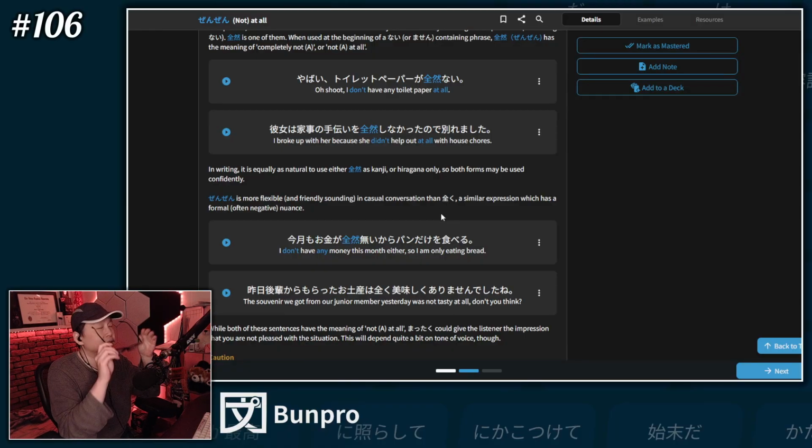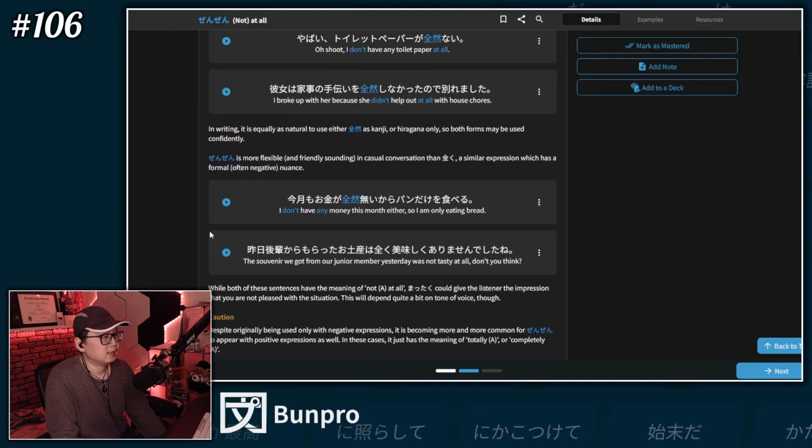Which are mataku. Mataku, yeah, it's definitely a little bit more casual than a similar expression which has a formal, often negative nuance. Yeah, kind of like just saying mataku.